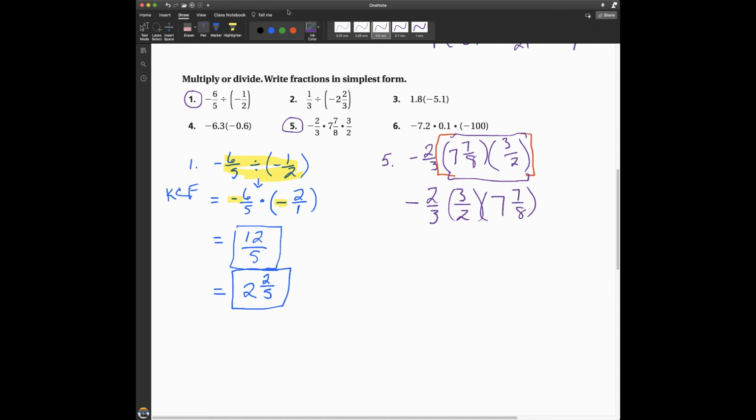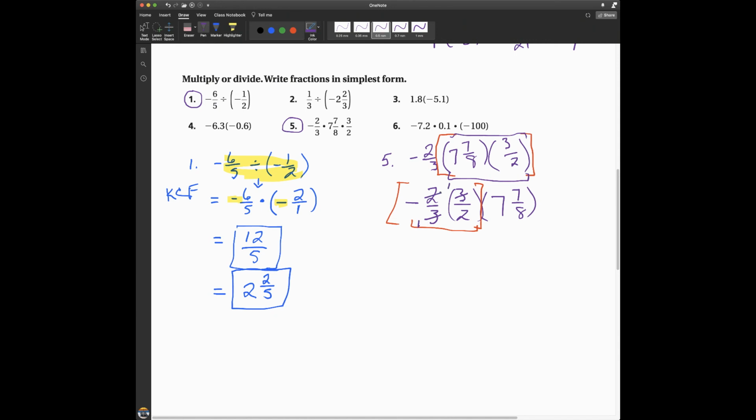Now I can use another property called the associative property of multiplication. And now I can multiply these two values first and then multiply it by the third one. And if we stare really hard at this, not too hard that you give yourself a headache, you can see that, wait a second, Mr. Odom, the 3 in the numerator and the 3 in the denominator cancel.